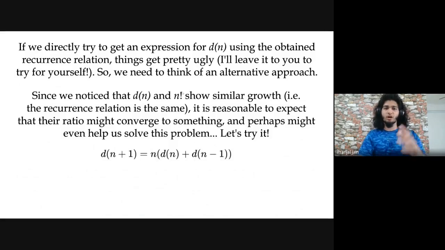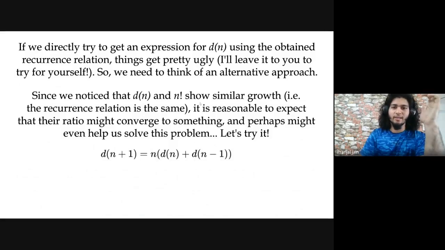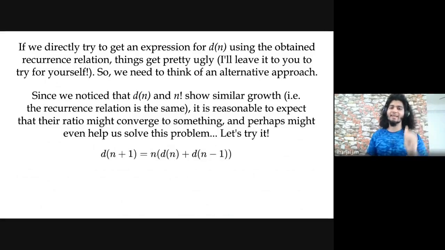Since we saw that d of n and n factorial have similar growth, it is reasonable to expect that the ratio might converge to something, as I said. Maybe this will even help us solve the problem, because if we take their ratio, the subsequent ratios will keep getting closer.